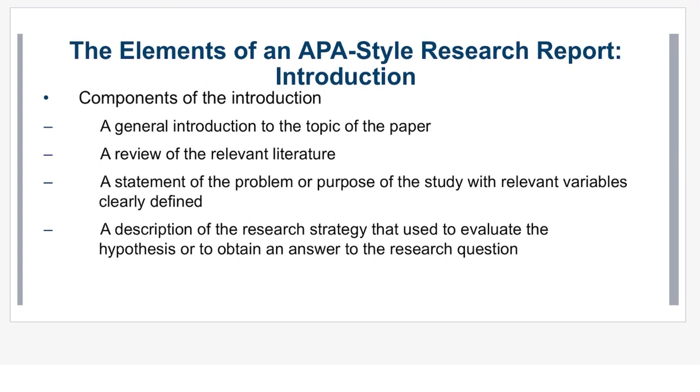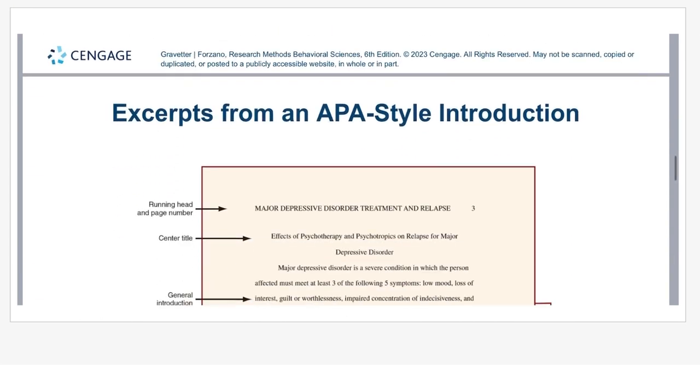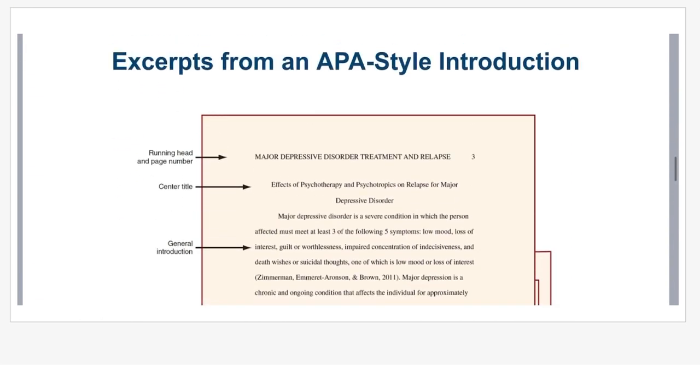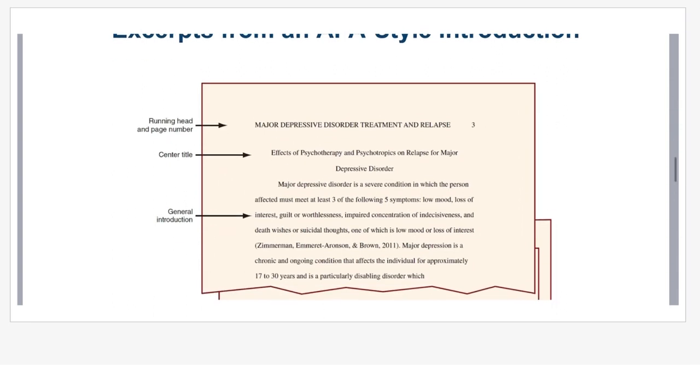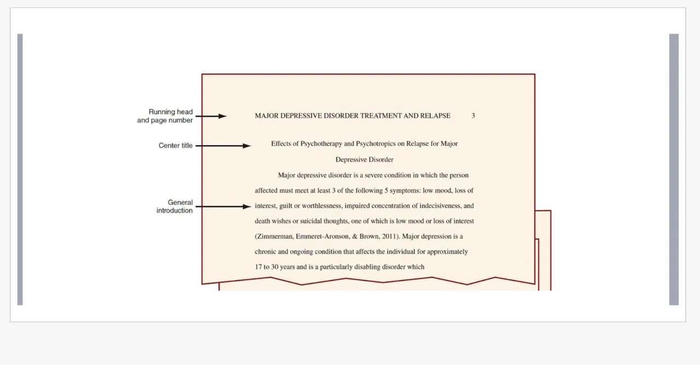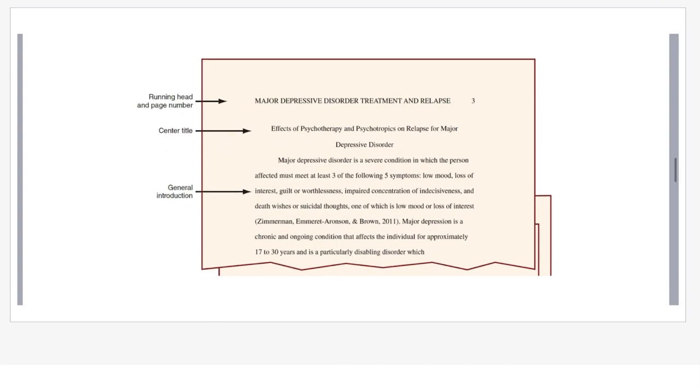The main point of the introduction is that literature review and that support for your ideas. Here are little pieces of the introduction to give you an idea of what that looks like. The running head and page number, again, page 3. The centered title, not bolded.